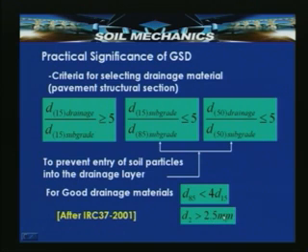That means that D85 of a drainage material shall be less than or equal to 4 times the D15 of drainage material, and D2 of drainage material shall be greater than 2.5 mm. Then we can select this particular material as a qualified drainage material in the case of a pavement structural section.